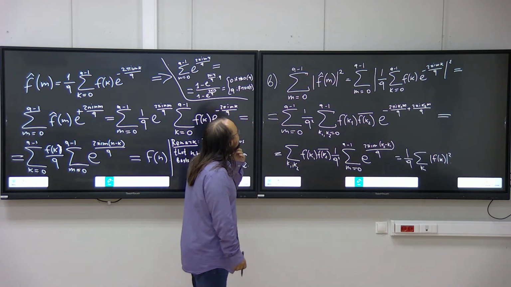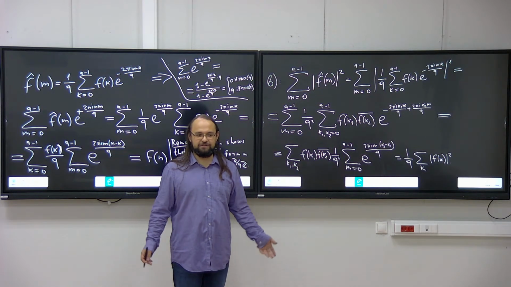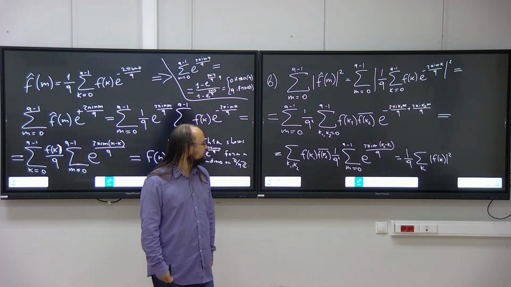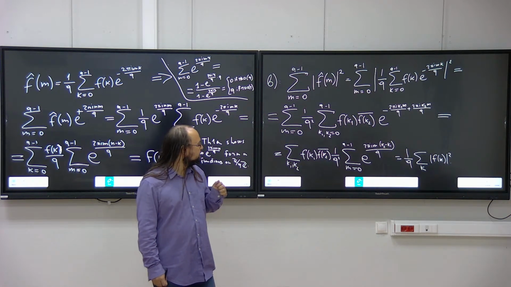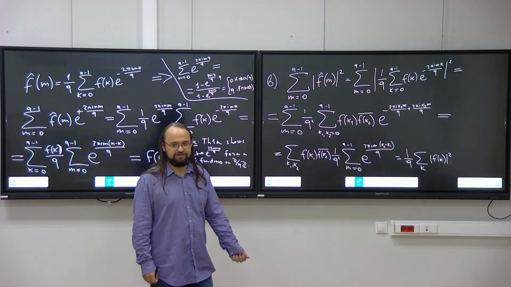Okay, so first of all, if you know everything about Fourier transform of your function, you know everything about your function, and in particular, if you know the L2 norm of your function, then you know the L2 norm of Fourier transform and vice versa.